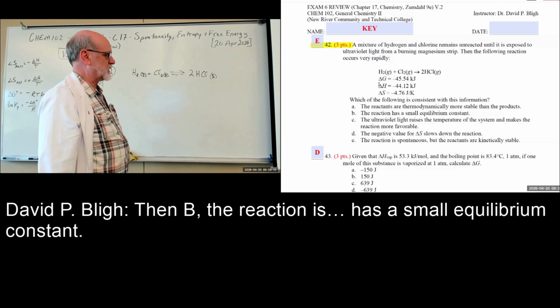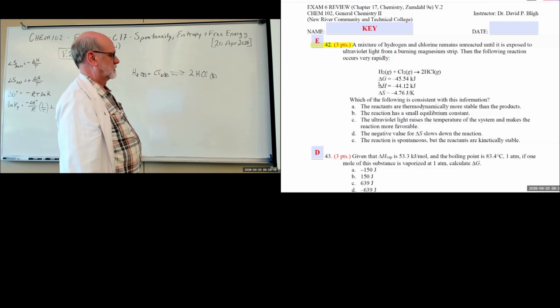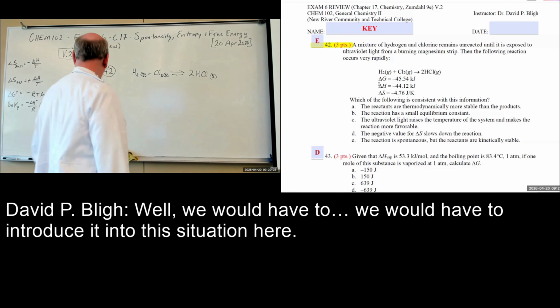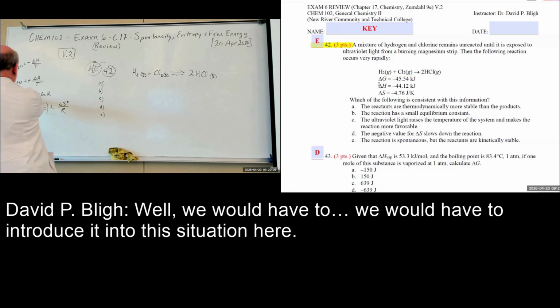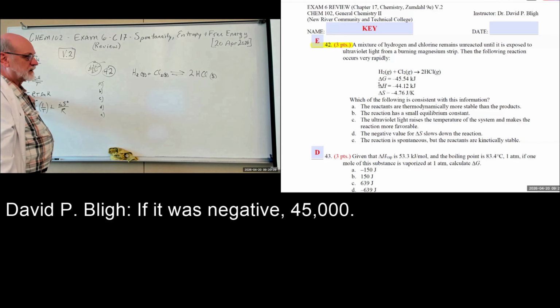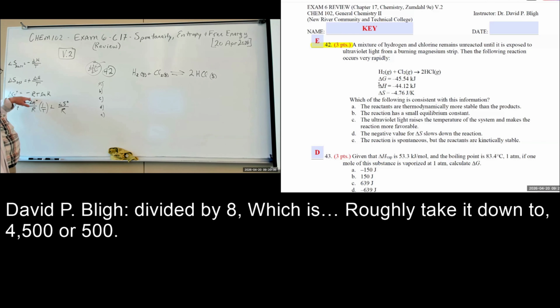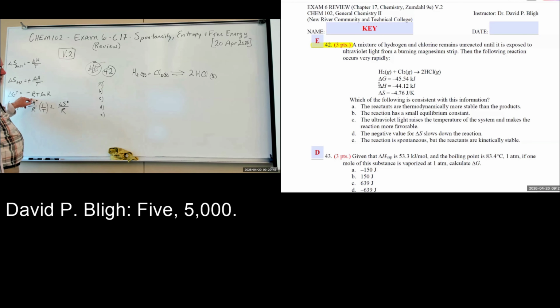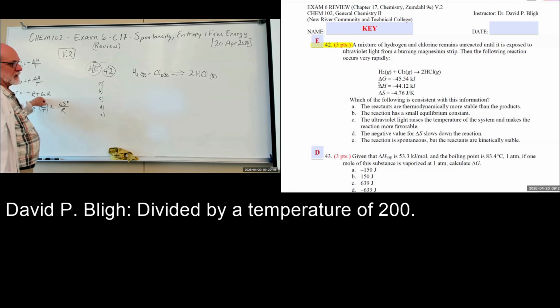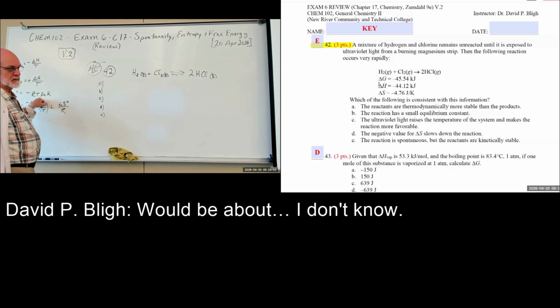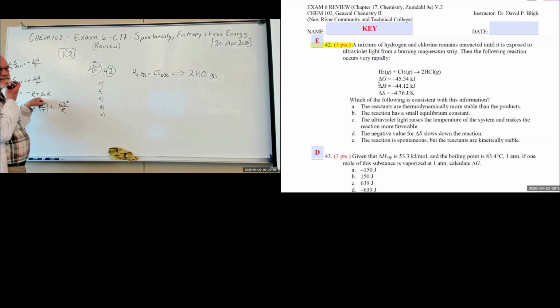Then B, the reaction has a small equilibrium constant. Well, we would have to introduce it into this situation here. If it was negative 45,000 divided by 8, which is roughly take it down to 4,500 or 5,000, divided by a temperature of 200 would be about, I don't know, 40.